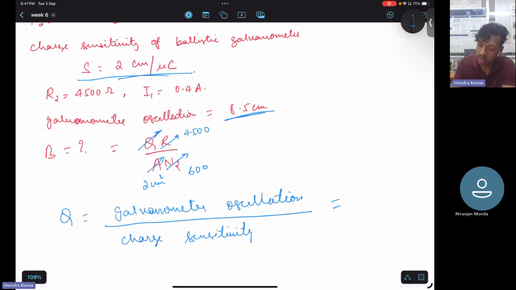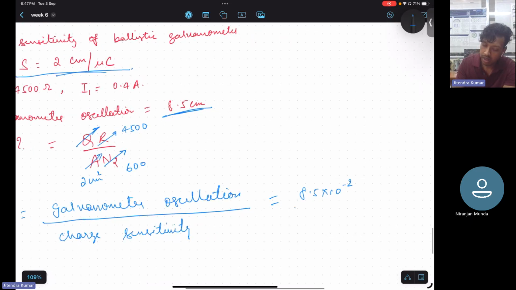So that will be equal to 8.5 centimeter divided by sensitivity 2 centimeter into 10 raised to power minus 6. Is it? Yes.